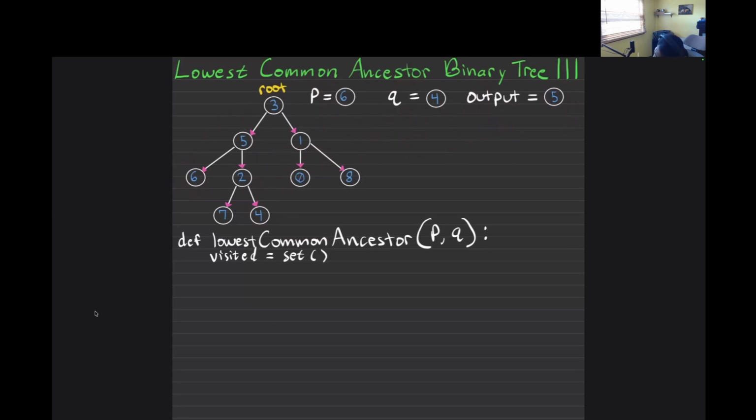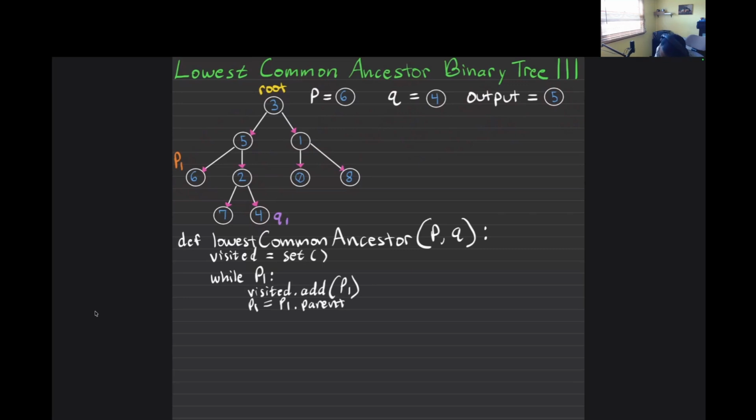I'll set P1 equal to P, and then I'll set Q1 equal to Q. So while P1, remember, we're going to add it to our visited set. So visited add P1, and then we'll say P1 is equal to its parent, so P1 is equal to P1.parent. Okay, great.